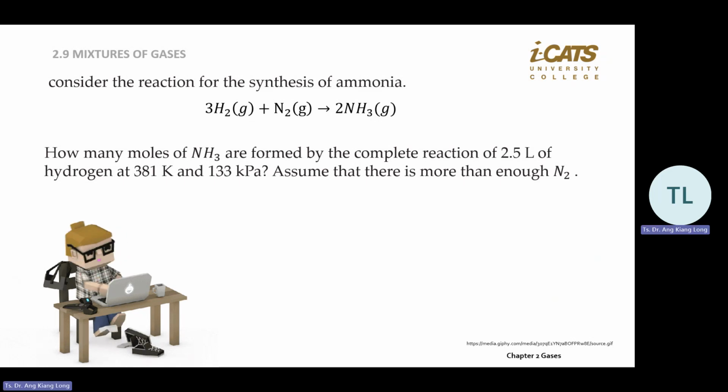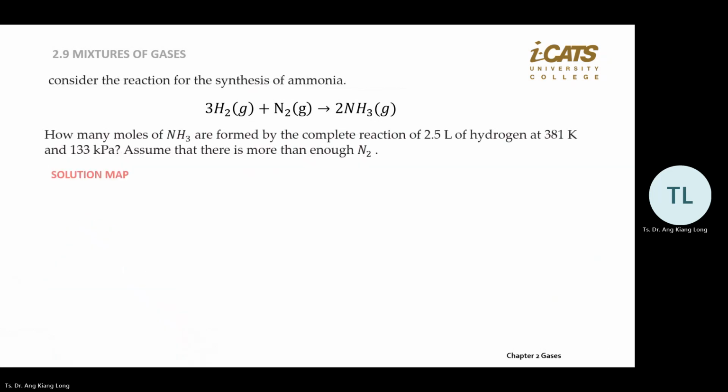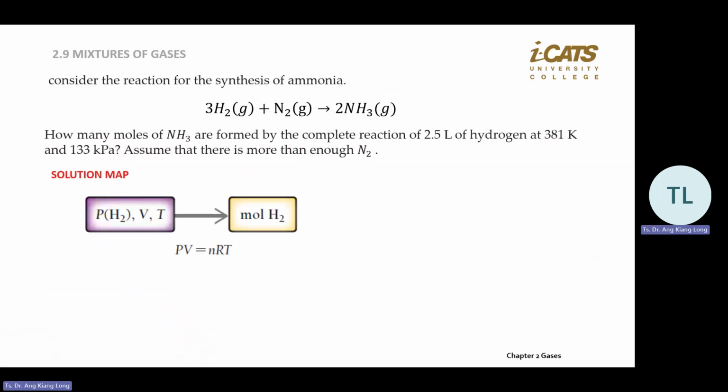So how do we determine the moles? You need to use PV equal to nRT, find how many moles of H2. Why H2? Because it gives you hydrogen. It gives you the left hand side.